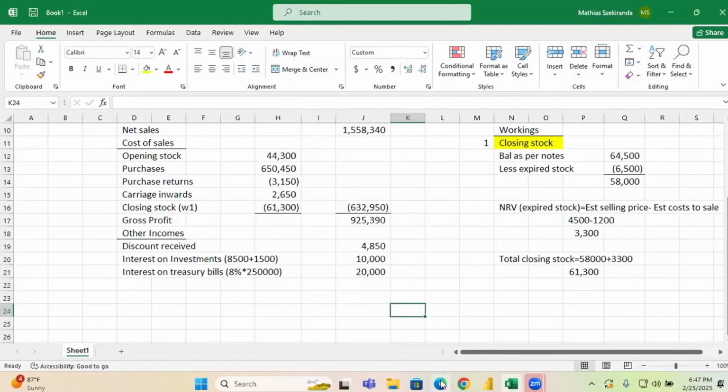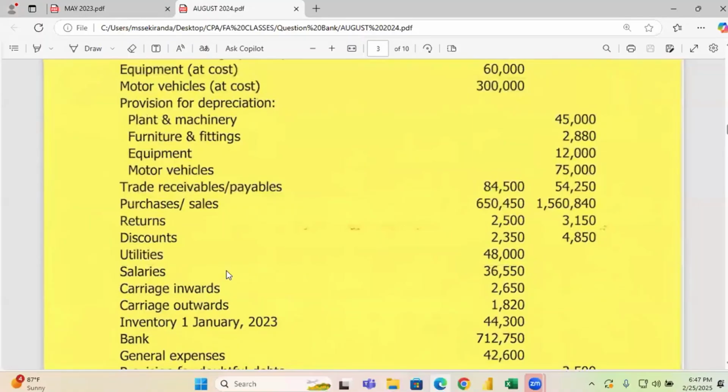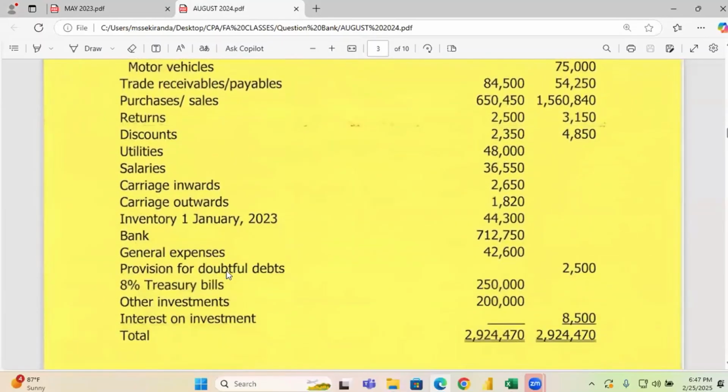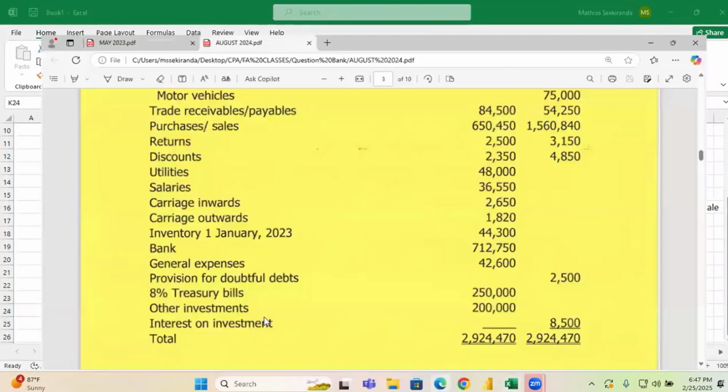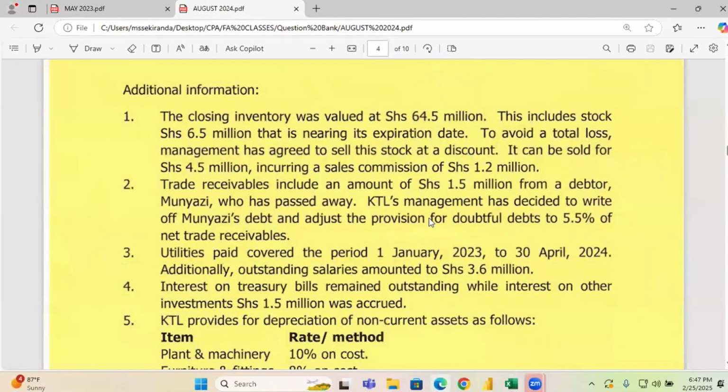Are you seeing any other incomes? Okay, I'm not seeing any other incomes, but I need to say this. Any number that has an adjustment in the provision for doubtful debts, don't be sure that there are no other incomes until you have computed the new provision for doubtful debts. Are we together?